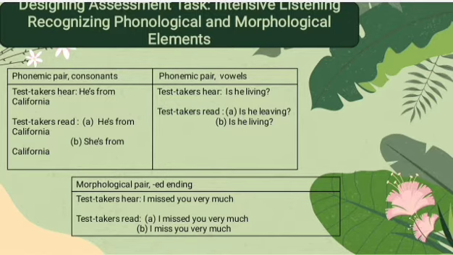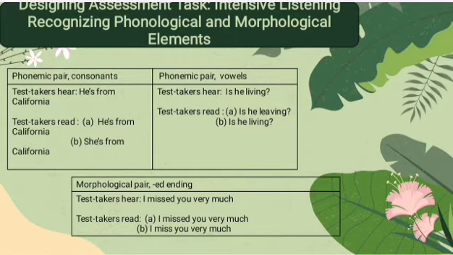This example focuses on phonemic pair consonants, so the test taker must choose the answer that matches what they heard.